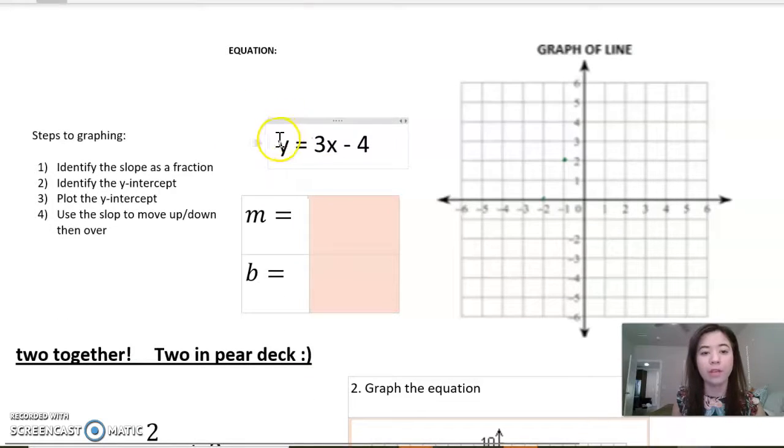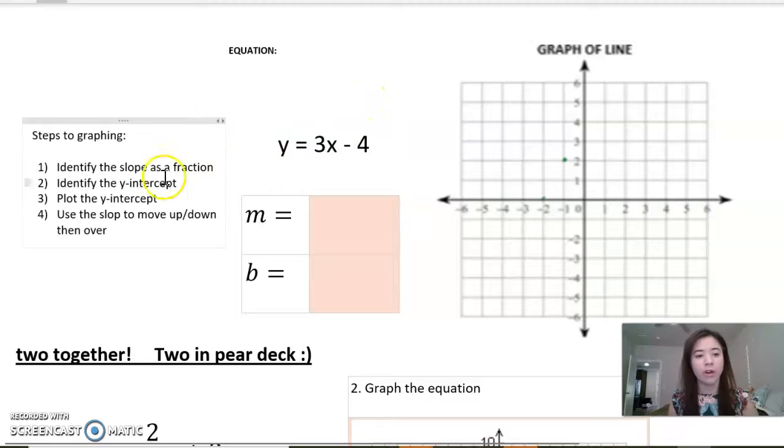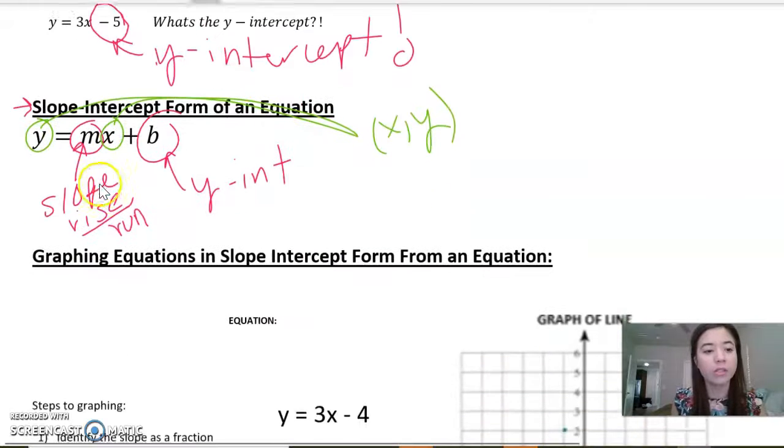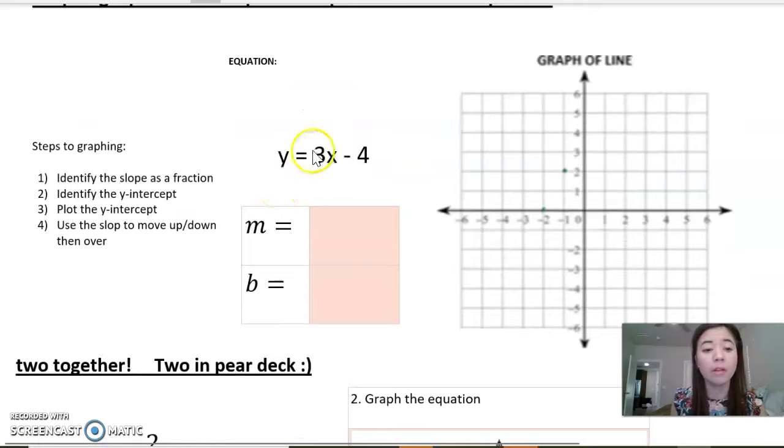So if I were to give you this equation and I asked you to graph this line, there are some steps that we can follow. We want to identify the slope, identify the y-intercept, and then we're going to start by plotting the y-intercept. Okay. Now, first things first, identifying the slope. So again, the slope is my M, so the 3 is my slope here.